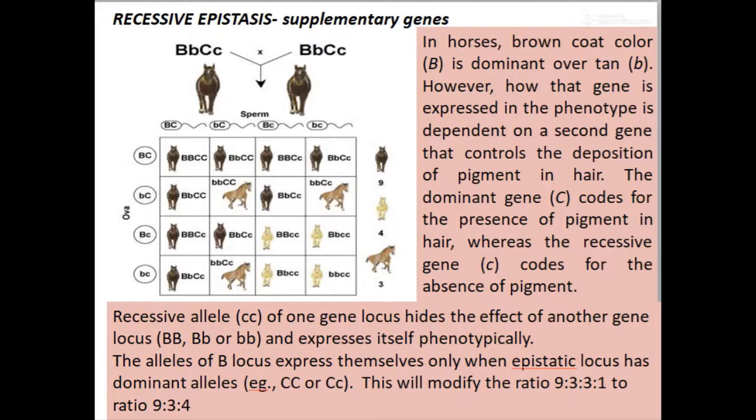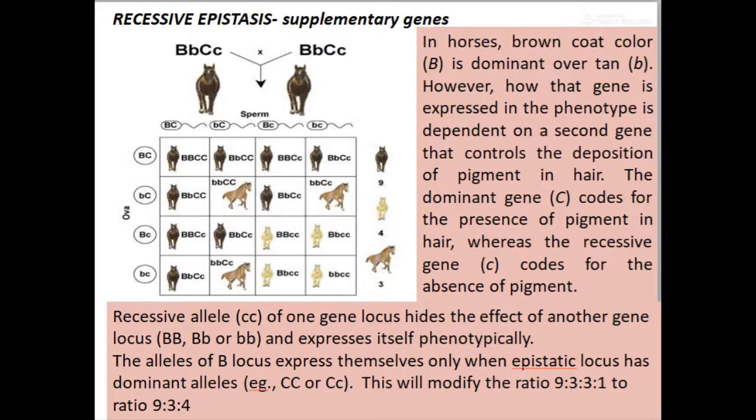And this is a case of epistasis itself, and we can also see that recessive epistasis can sometimes be explained with the help of supplementary genes also. Now let me talk about this example over here.